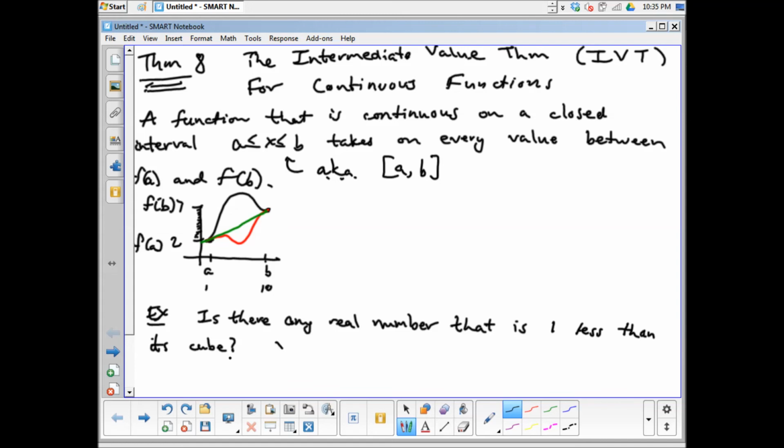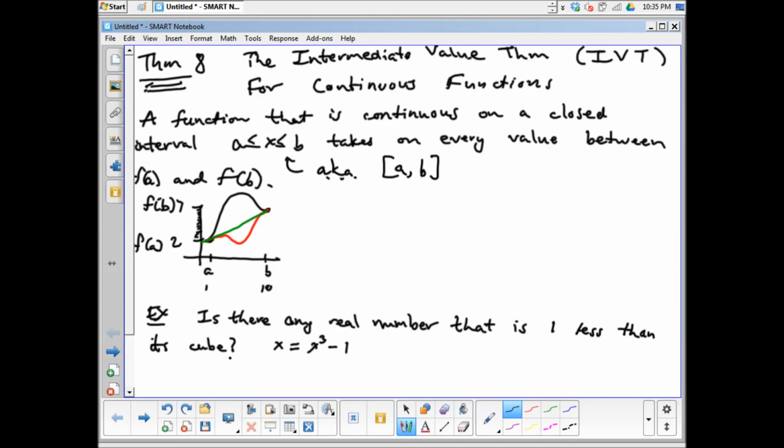Can you think of a number that is 1 less than its cube? Remember, that would mean x to the third, that's its cube. 1 less than its cube, x cubed minus 1. Do you think there's a number that fits the mold here?